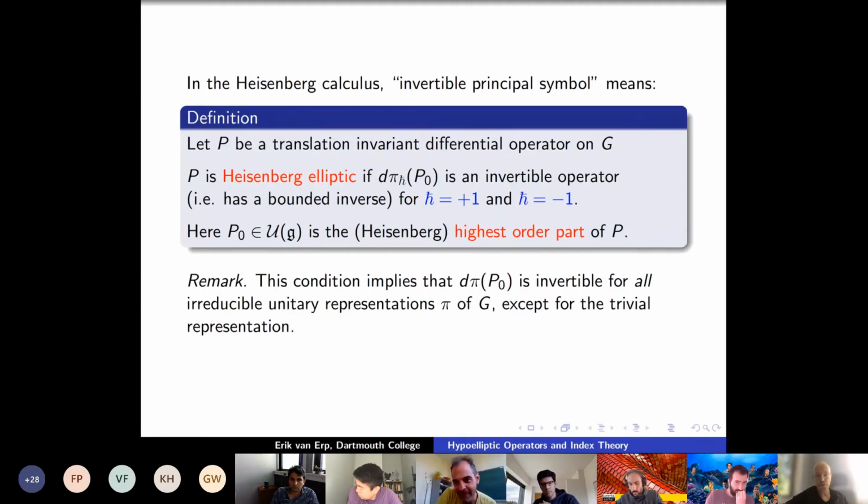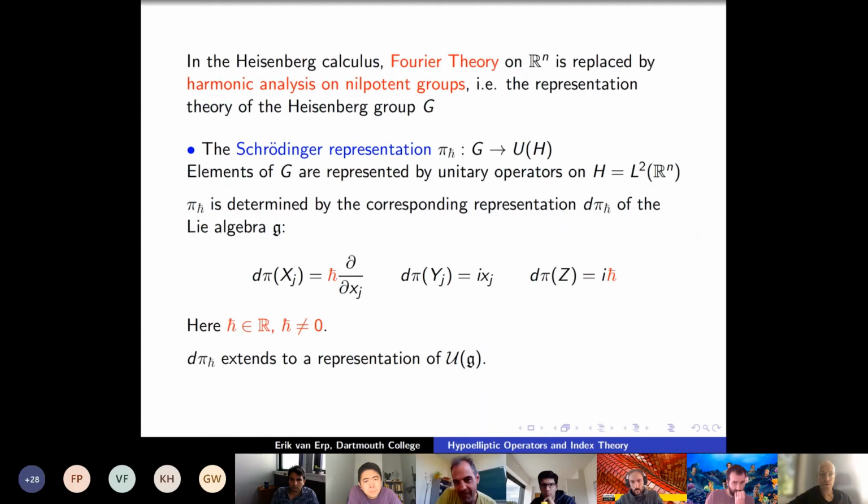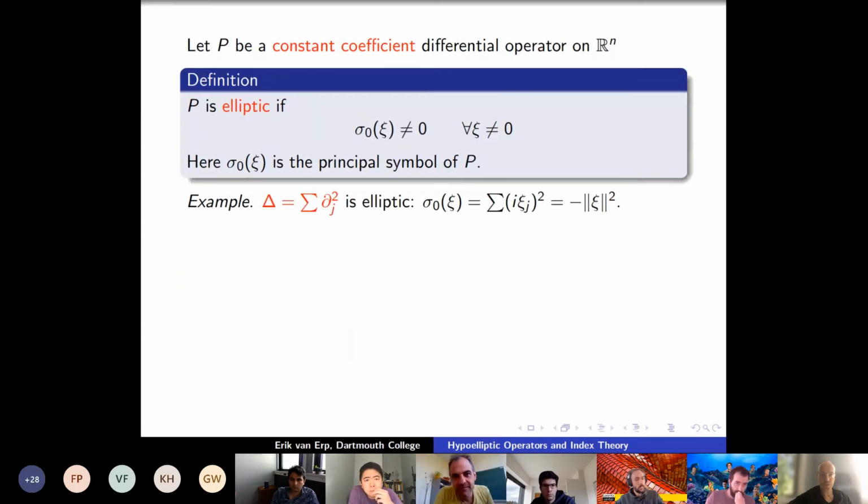Well, okay, that's a good question. Let me go back to the ellipticity condition here. So first, remember that the principal part of a principal symbol is a homogeneous polynomial.